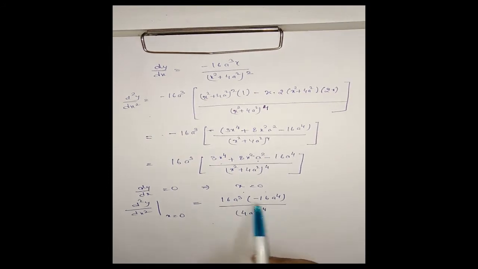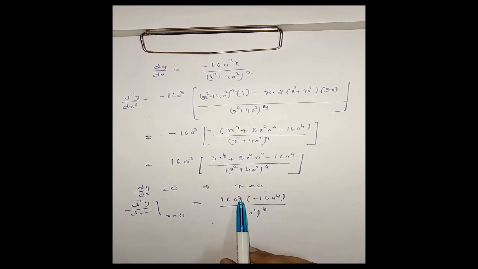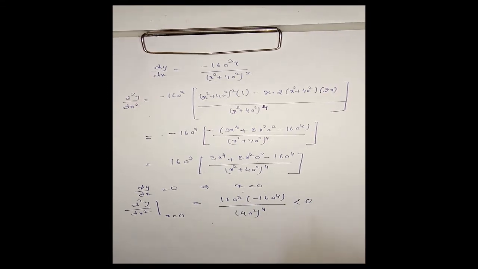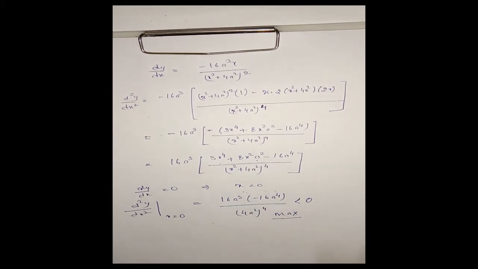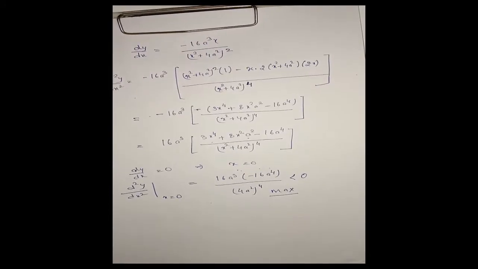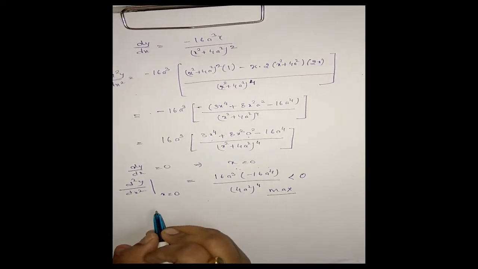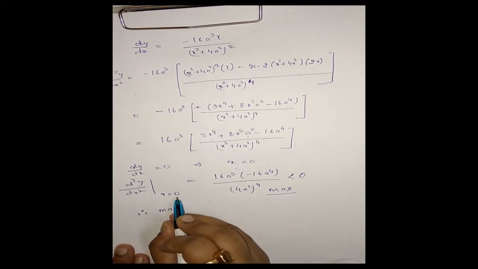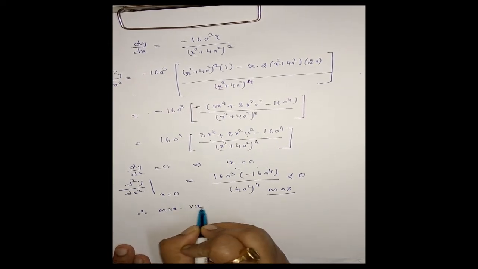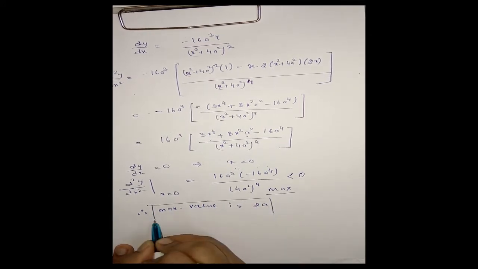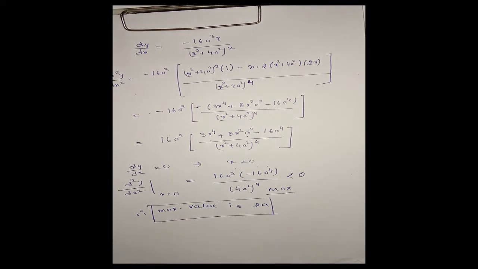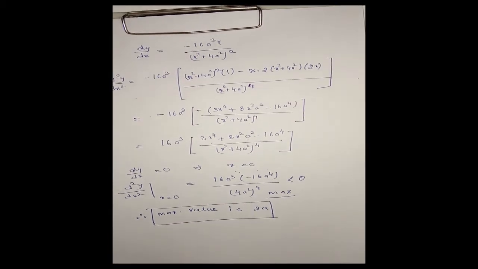Now a is positive, that means a cube is positive, that means this is less than 0. Therefore, we have a maximum value at the point x is equal to 0. The maximum value is obtained by substituting x is equal to 0 in the given equation. Maximum value is 2a.